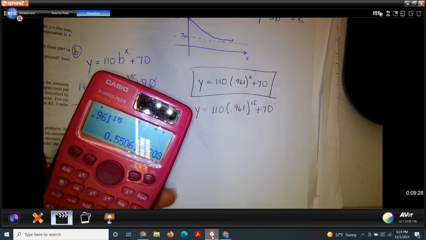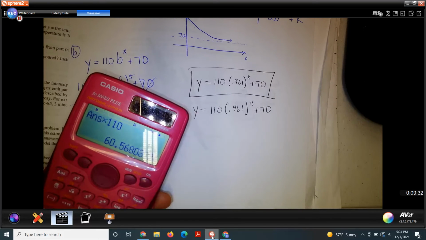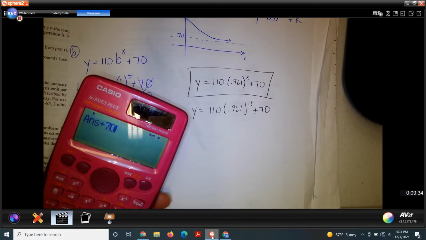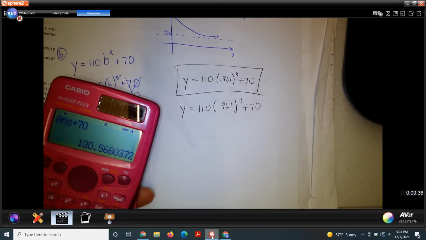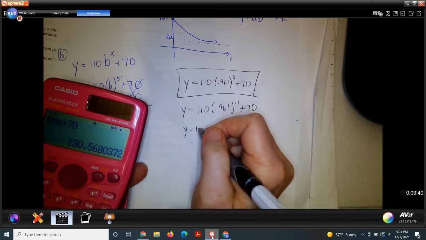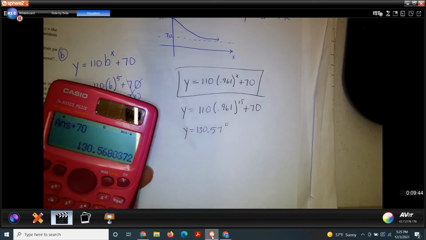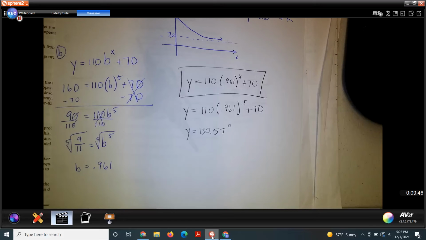And I want to multiply that by 110. And I would like to add 70. And I got, no, it's about 130 some odd degrees.